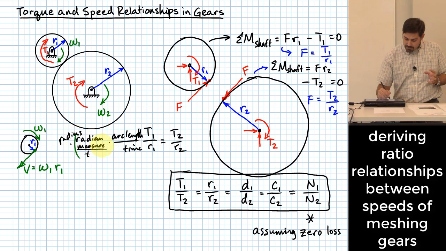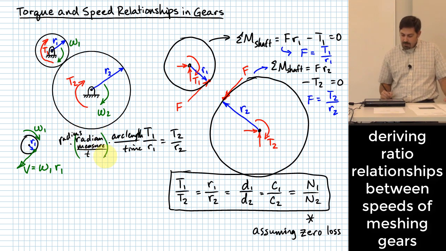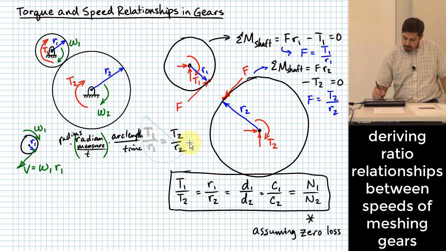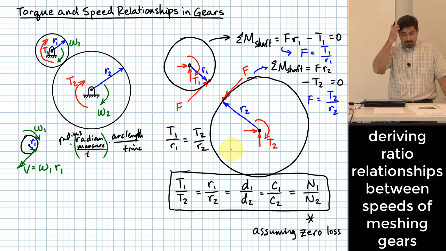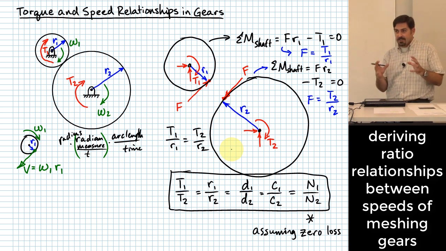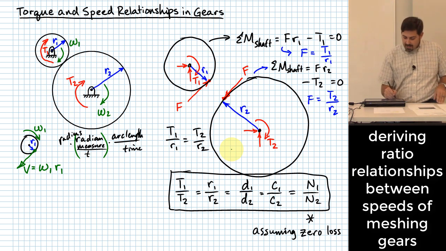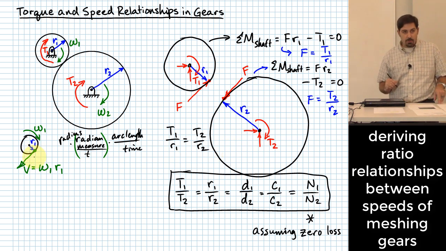That's your angular velocity, omega 1, multiplied by radius. That's equal to my arc length per time, which is like linear speed. With me? I know that got a little messy, but that's why v is equal to omega 1 r1.